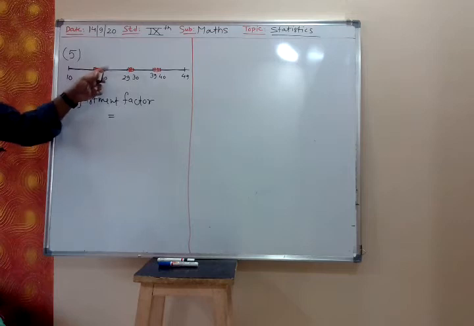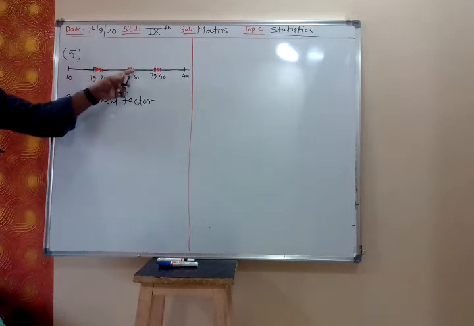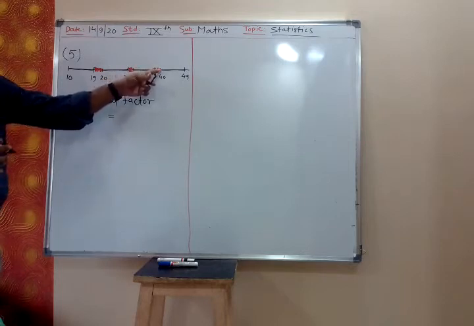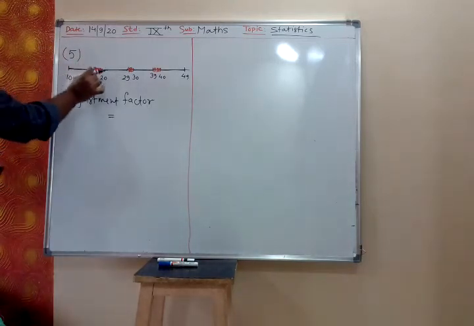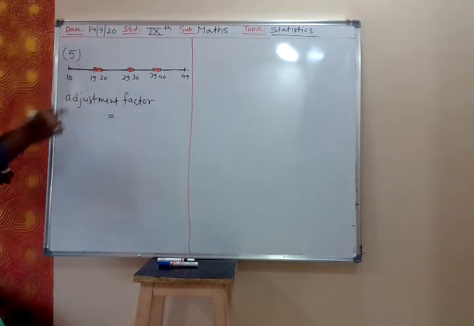Then next it is 20 to 29, then again there is a gap of 1. Then it is 30 to 39, again there is a gap of 1, then 40 to 49. So they are not continuous. To make it continuous, we find the adjustment factor.